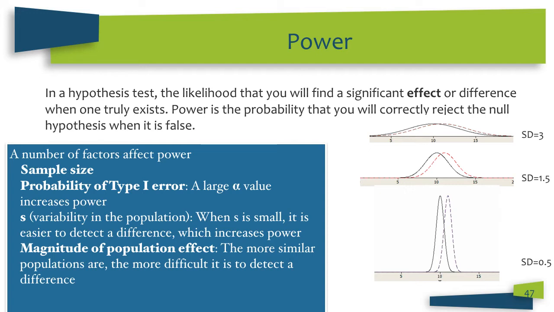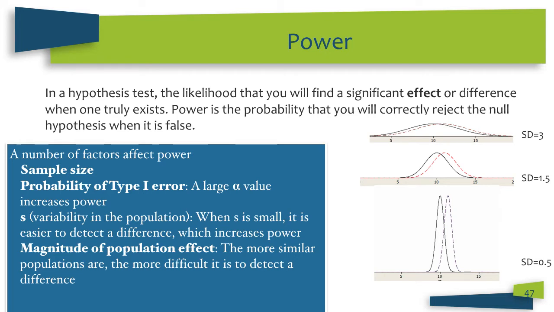If your populations are very similar to each other, it will be difficult to detect a difference, obviously. And the fourth factor is variance, or in other words, standard deviation. Because when the standard deviation is small, it is easier to detect a difference.